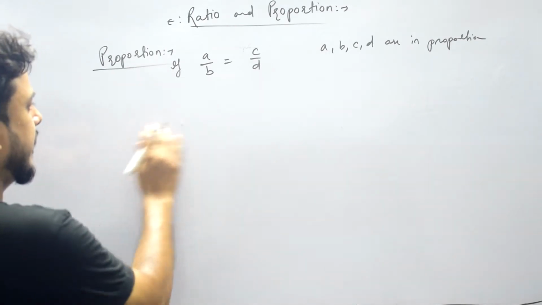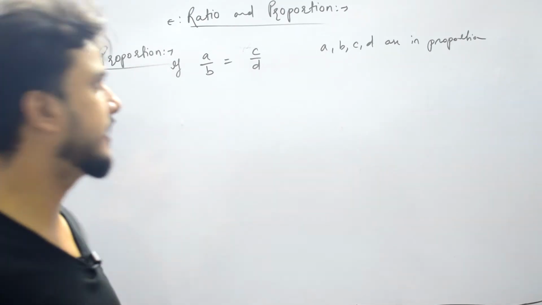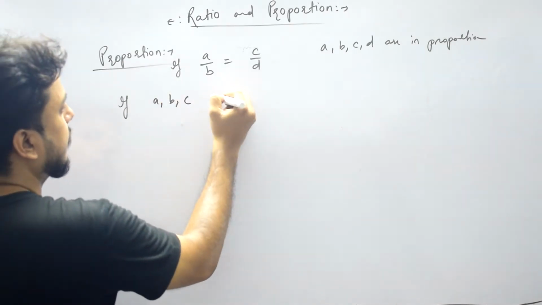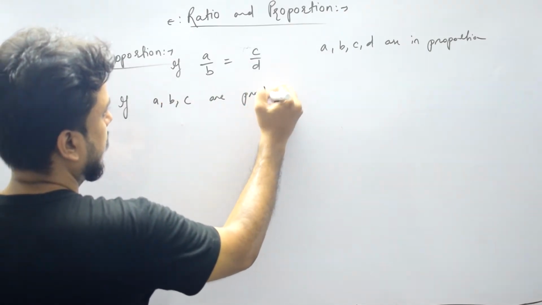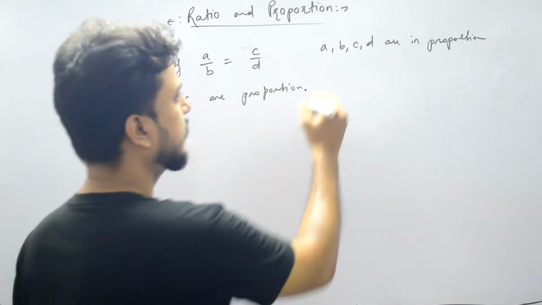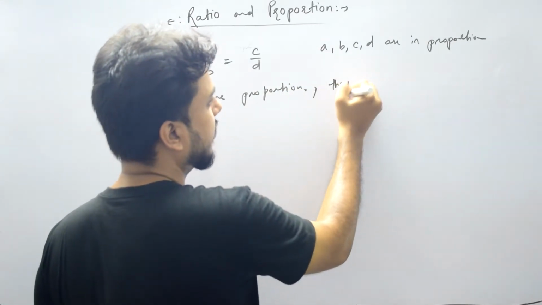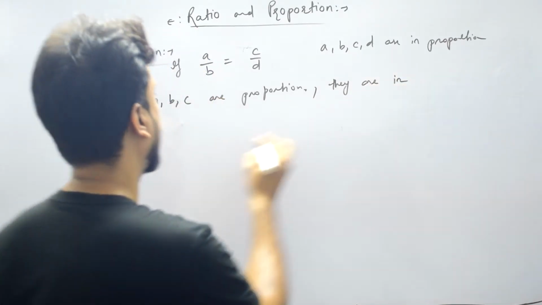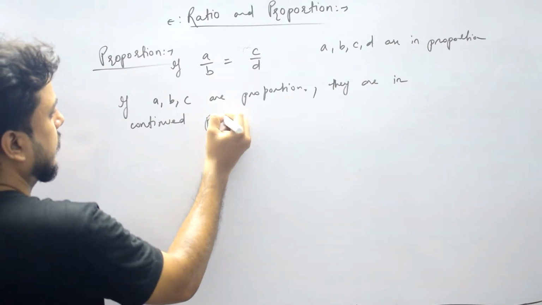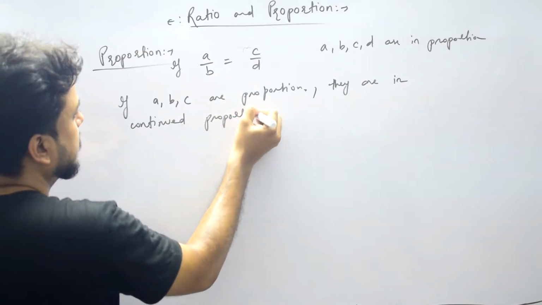Now see, if three terms are in proportion, suppose A, B and C are in proportion, then we say that A, B, C are in continued proportion. Now what is continued proportion?